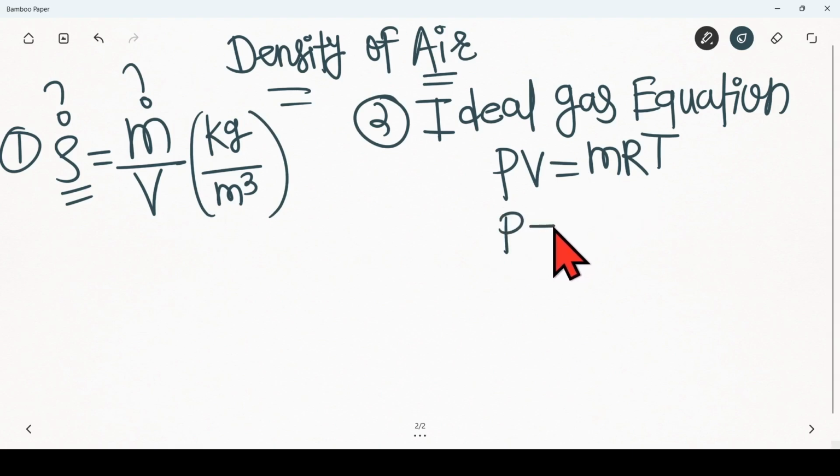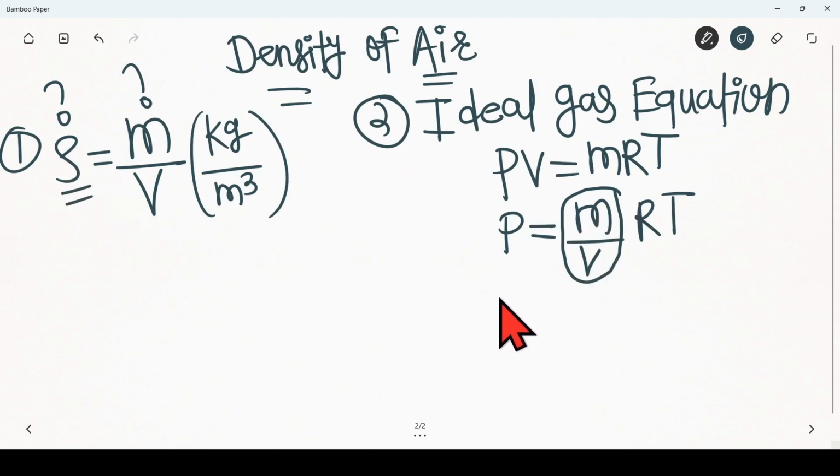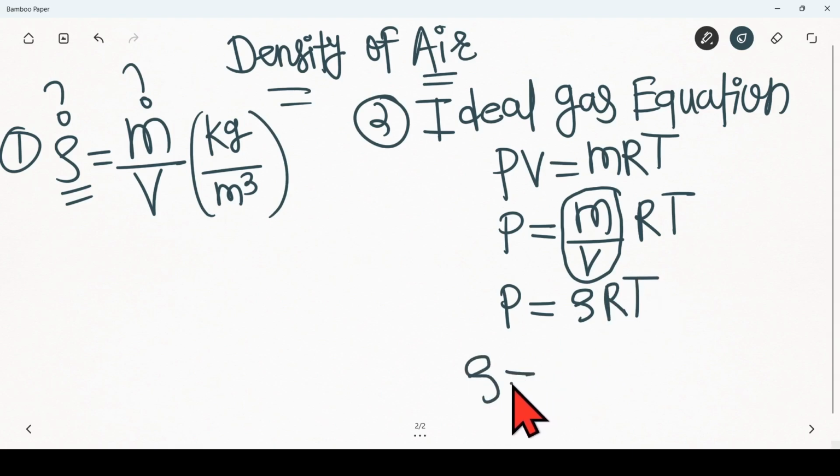I can write P is equal to m divided by V multiplied by RT. Now this m divided by V is nothing but density. So P is equal to rho RT. And from this I can write rho is equal to P divided by RT.